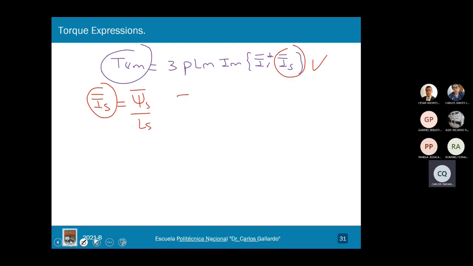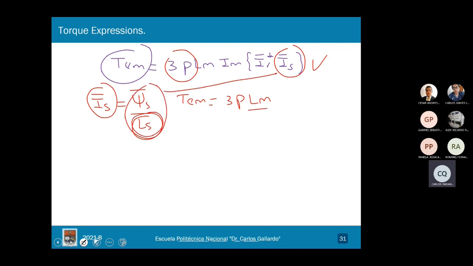Therefore the electromagnetic torque: taking out this factor out of the imaginary part because it is real, I will have 3 times the number of poles times the magnetizing inductance over the stator inductance, times the imaginary part of the stator flux times the conjugate of the rotor current.